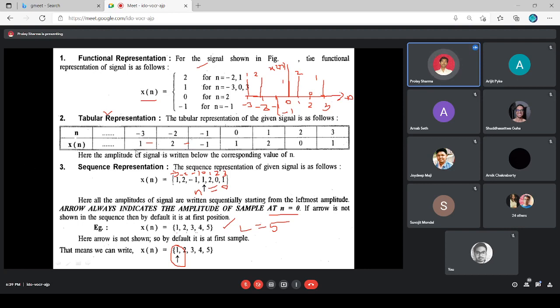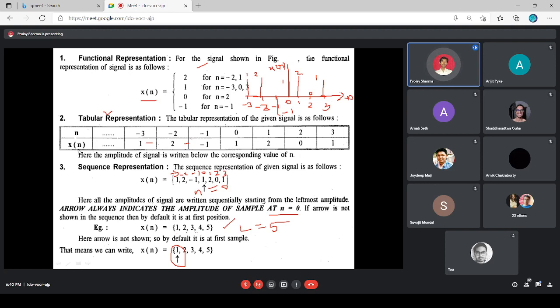For -3, it is 1, at position -2, it is 2, at position -1, amplitude is -1, and at position 0, the signal sample value is 1. For n equal to 1, the sample value of the signal is 2, and this way for other values of n, the sample values are represented in tabular form.